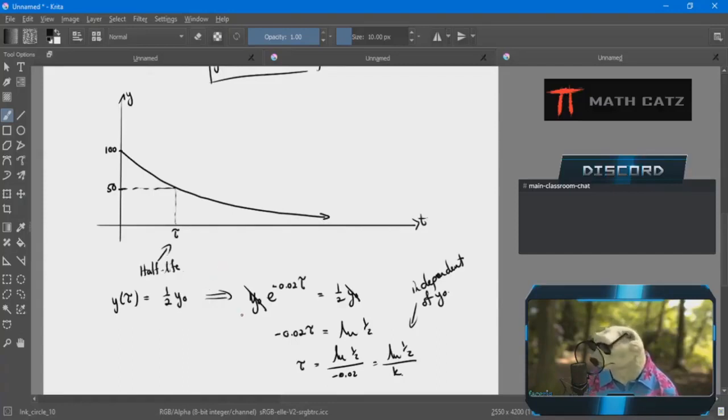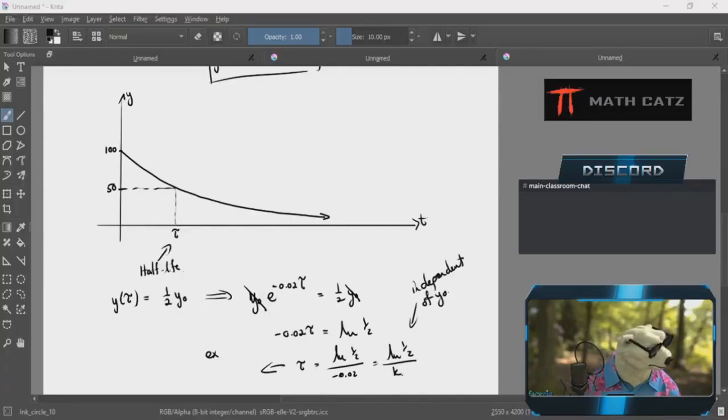Now in this case, we could calculate that in our example as log of 1/2 over negative 0.02. Let's just do that to get a number and see what that is.